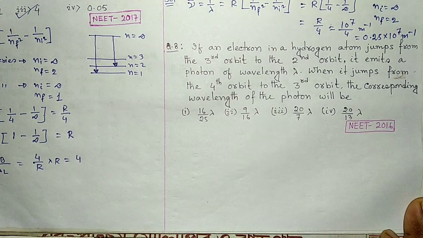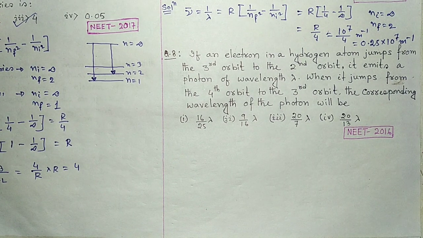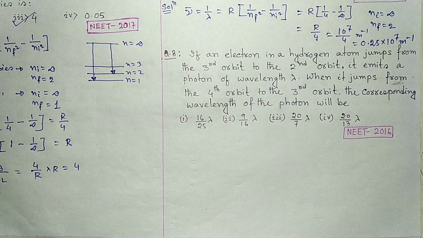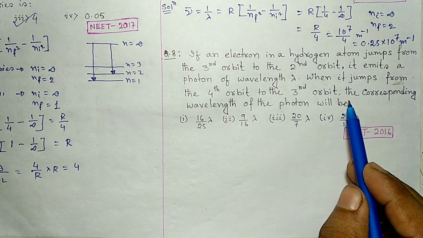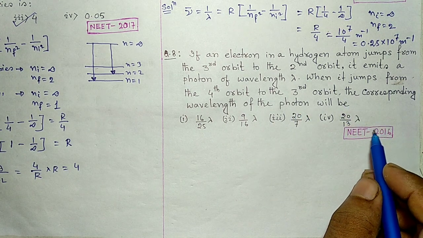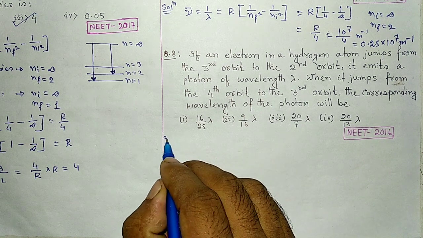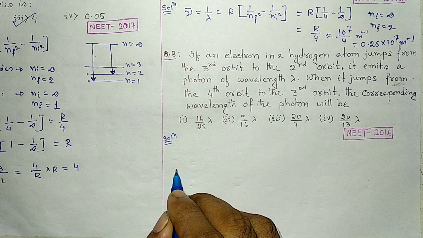Question number 8 says that if an electron in a hydrogen atom jumps from the third orbit to the second orbit and emits a photon of wavelength lambda, when it jumps from the fourth orbit to the third orbit, the corresponding wavelength of the photon will be. Let's see the solution here.